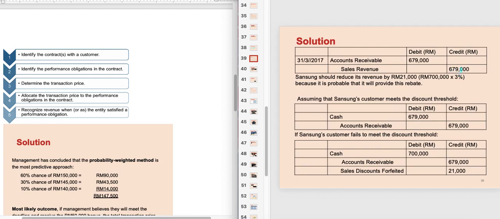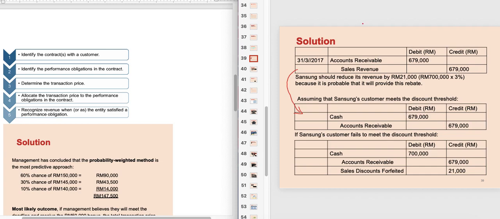This is the consideration that we expect to receive from our customer, and then we debit their account receivable. Now, if the customer does achieve the 2 million sales, then we will debit cash 679,000, and you will cancel off the account receivable.